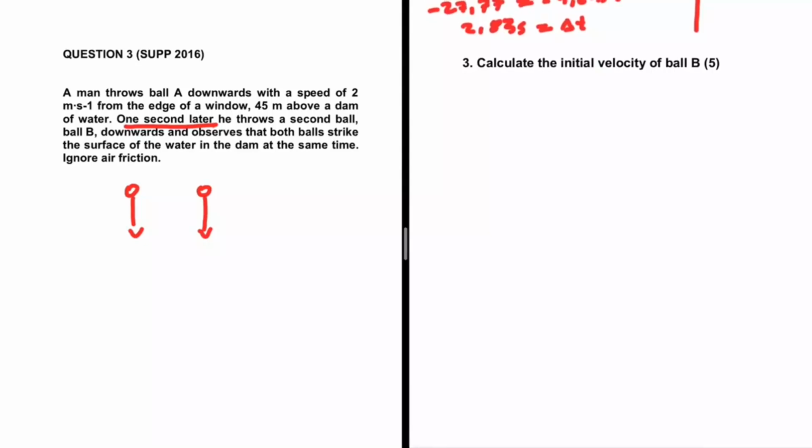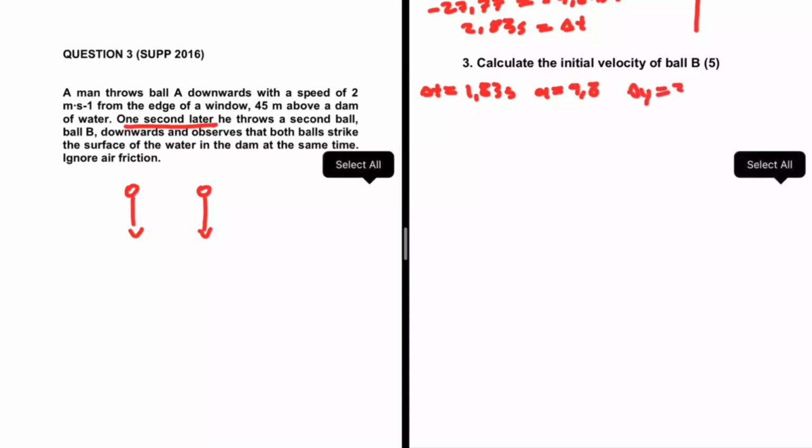Okay, so let's take a look at the information we have with regards to ball B. We now know that the time taken by ball B is 1.83 seconds. We know the acceleration, 9.8. We know the displacement, not 35, but 45 meters downwards. And we are looking for the initial velocity.